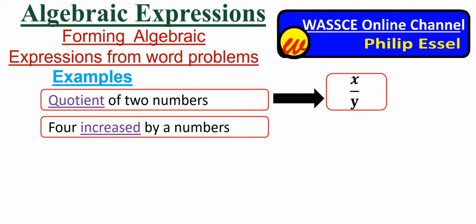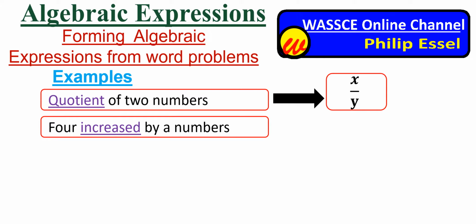The next word description is 4 increased by a number. 4 increased by a number simply means that we have 4 first and we are increasing it by an unknown number.